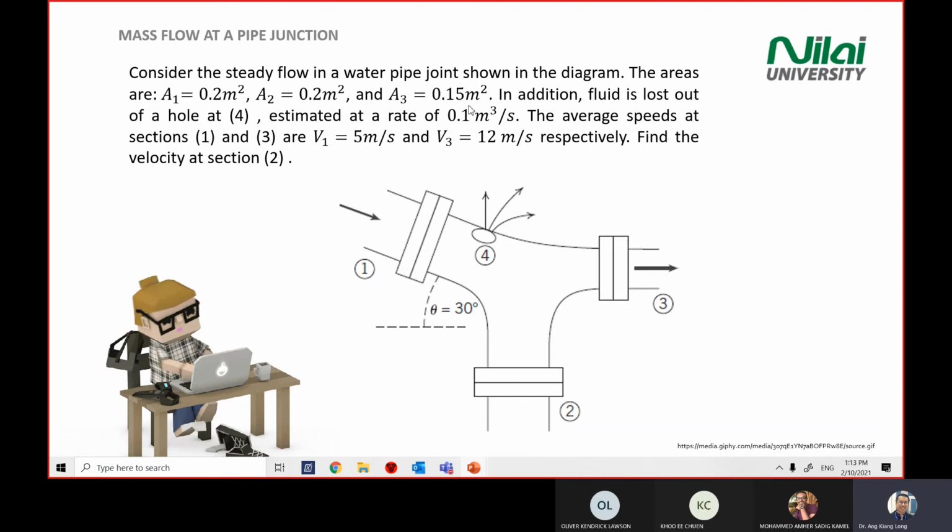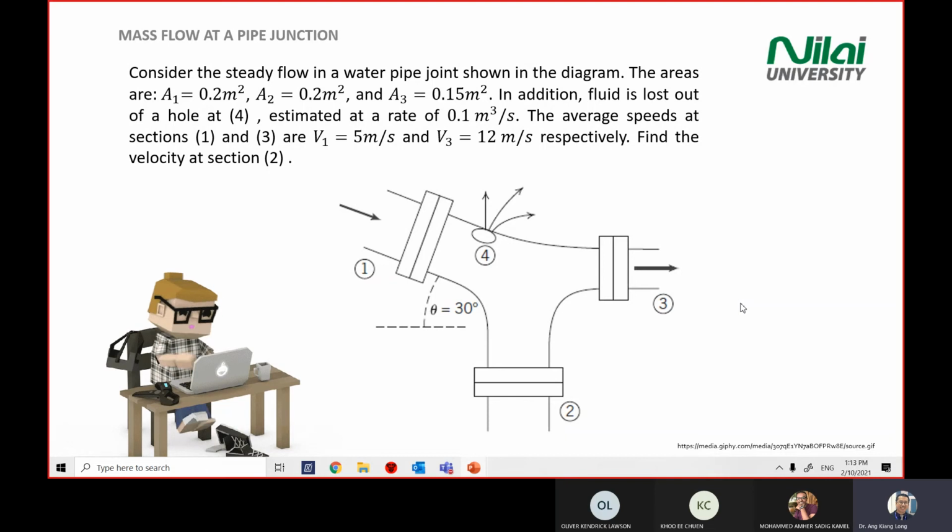So this is your Q at number 4. The average speed at sections 1 and 3 is given as 5 meters per second and 12 meters per second. Find the velocity at section number 2. Okay, so all the parameters are given: velocity at 1, velocity at 3, and Q at number 4.